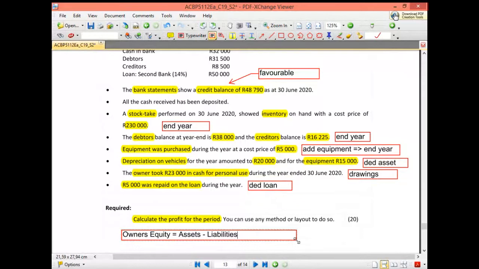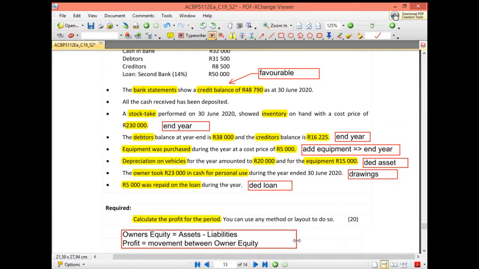Okay, so they have given us enough information to actually work out the owner's equity value, based on working out what is the total assets and what is the total liabilities. Now remember, our profit for the year is normally the movement between your owner's equity balances, if there's no other owner's equity adjustments.